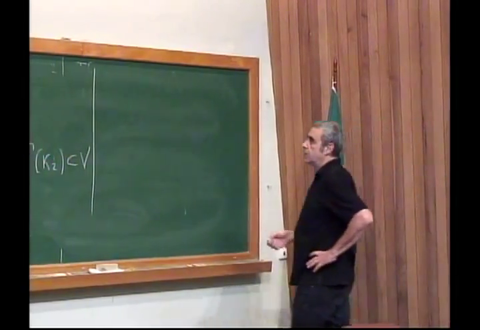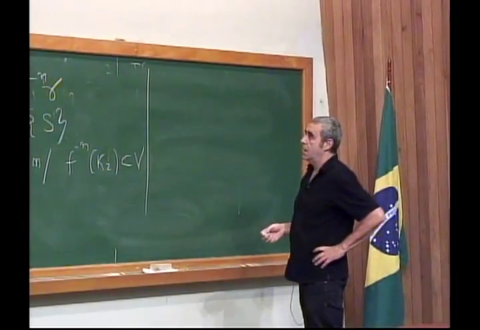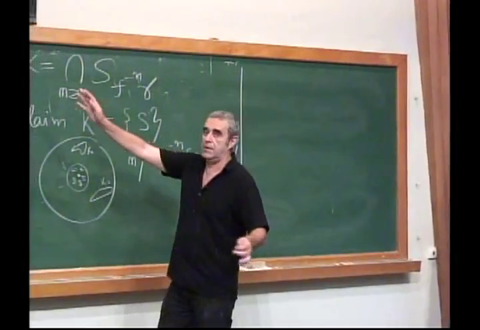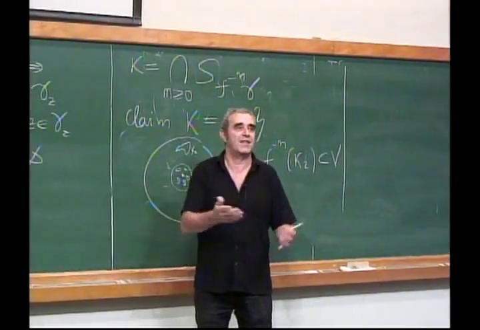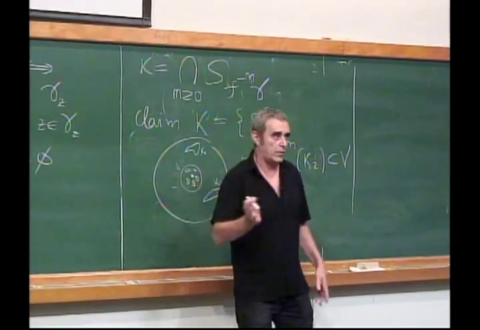Let me show you some arguments. Assume you don't have now any hypothesis. I want to understand the dynamics of a single map of the annulus.